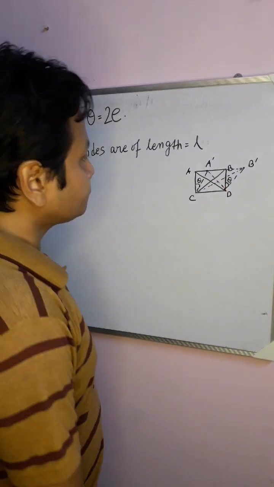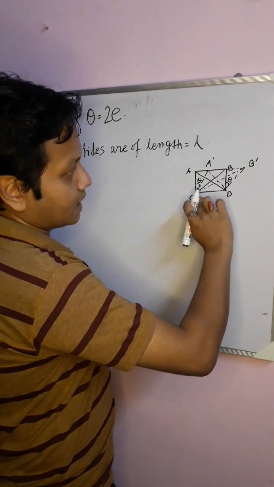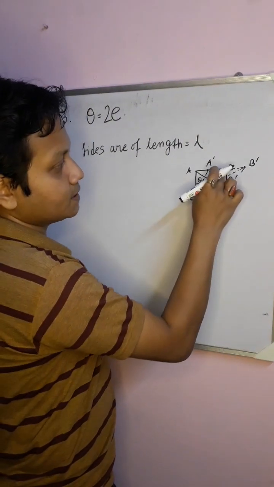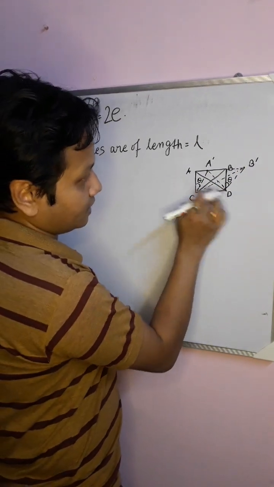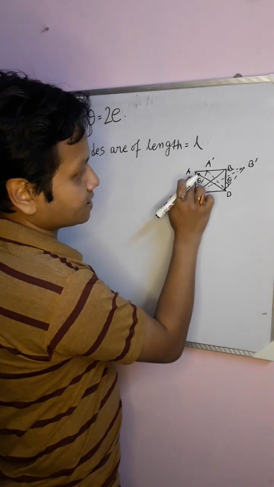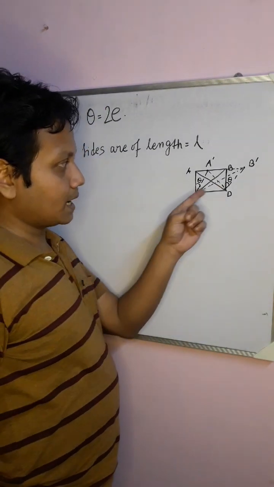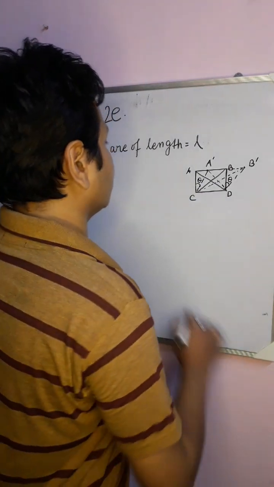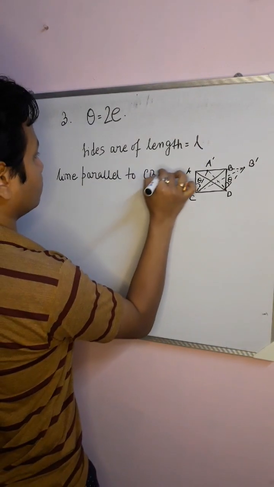Now here clearly we can see that the line CB is elongated. The original length is CB and CB dash is elongated, and on this side the original line is DA and the deformed line is DA dash. That means the lines parallel to CB are elongated and the lines parallel to DA are contracted.